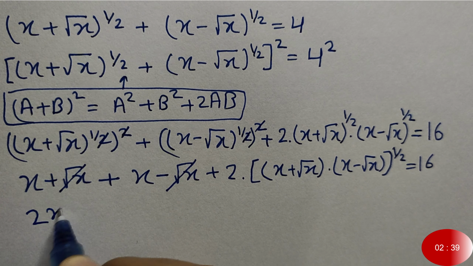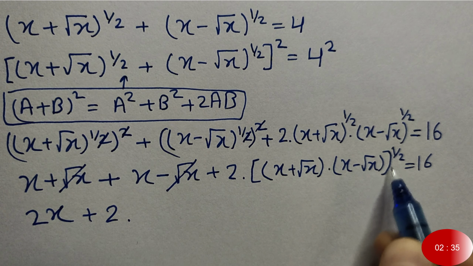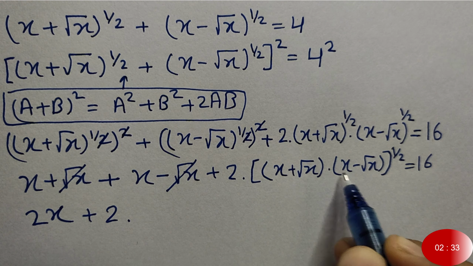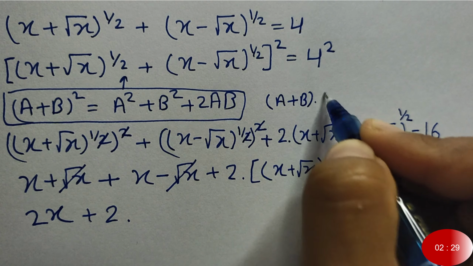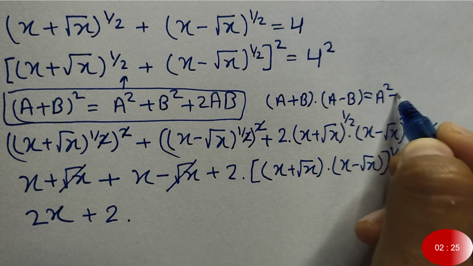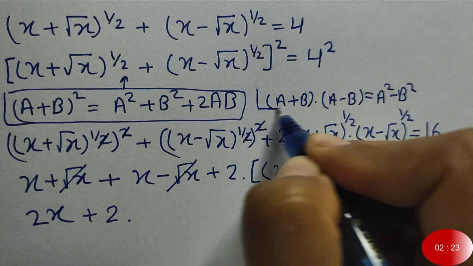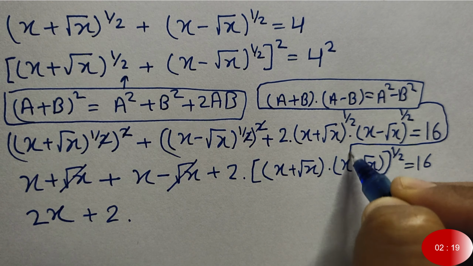x plus x becomes 2x plus 2 into, and this term is of the form (a + b)(a − b). And since (a + b)(a − b) = a² − b², we apply this formula in this term.